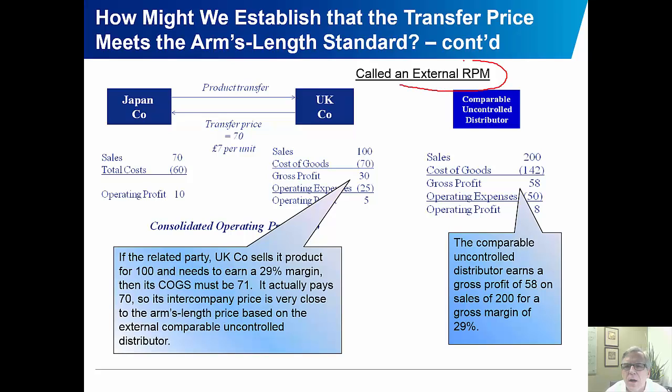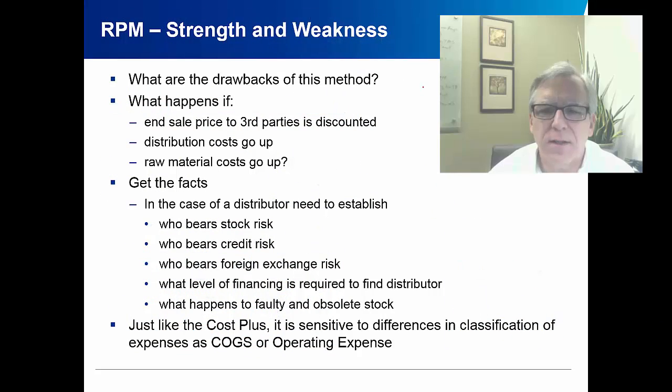I will say that professionally, a lot of individuals who do transfer pricing analyses feel that it is very hard to reach the comparability standard necessary to feel confident in doing an external RPM. But there would be times when even an external RPM, even with some degrees of differences in comparability, might be a more reliable method than a comparable profits method. We've talked about sometimes comparing the RPM to the CPM and situations in which the RPM would be more reliable. So let's go on and talk about that a bit.